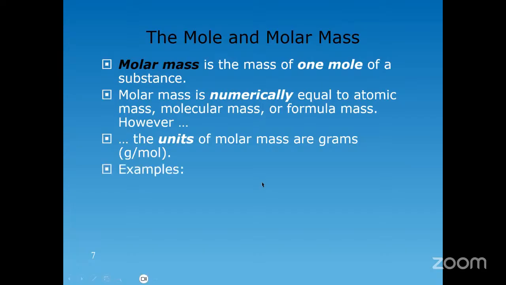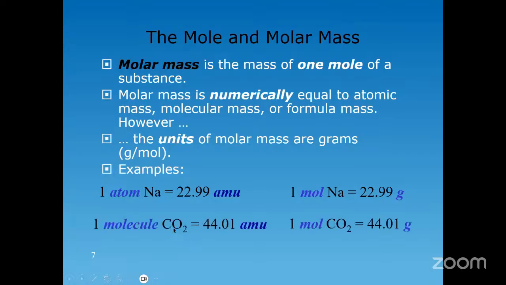So just to give you some examples, the atomic mass of sodium is 22.99 atomic mass units, but the molar mass of sodium will be 22.99 grams per mole. Numerically the same, but the units are different, all right? Another example: 1 molecule of carbon dioxide, its molecular mass, I should say, is 44.01 AMU, but its molar mass is 44.01 grams per mole.